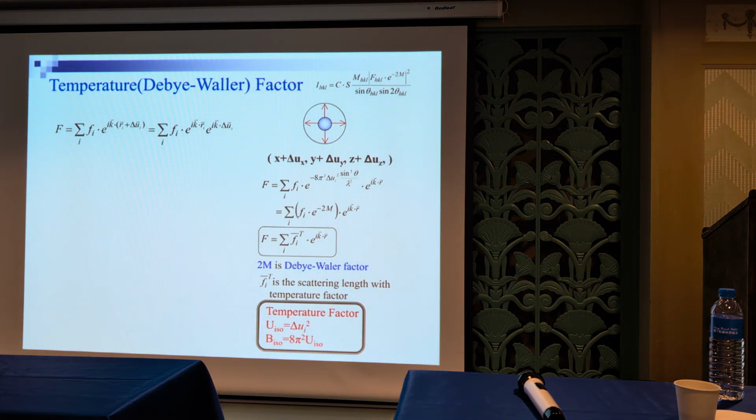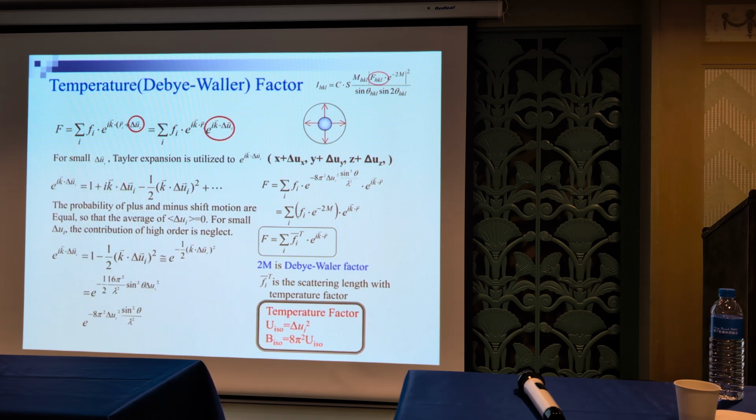After some mathematical treatment, we will get this vibration correction to the typical structure factor like this. So you will see there is a thermal factor, or we call it the Debye-Waller factor, with the notation U, which is the displacement from the center position. And its unit is usually angstrom squared, which means an area, right? Because it's a cross section, okay?